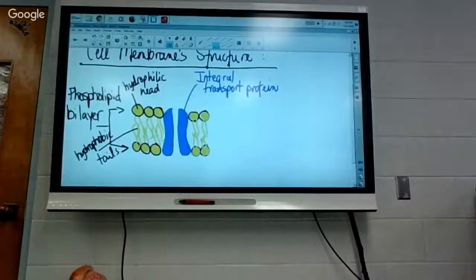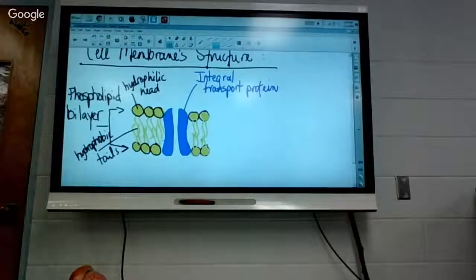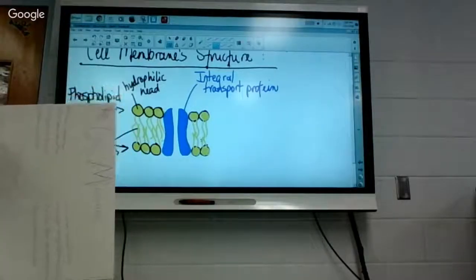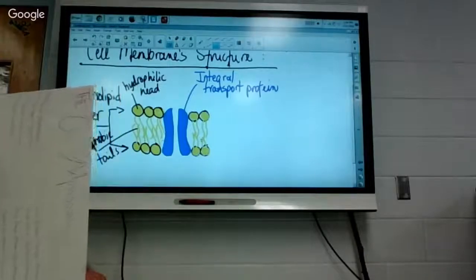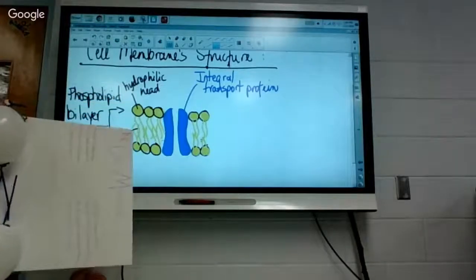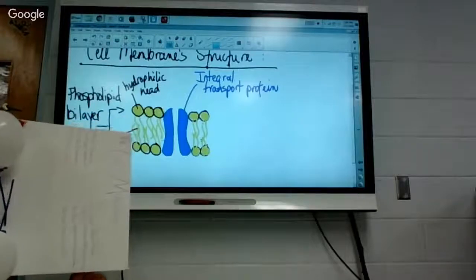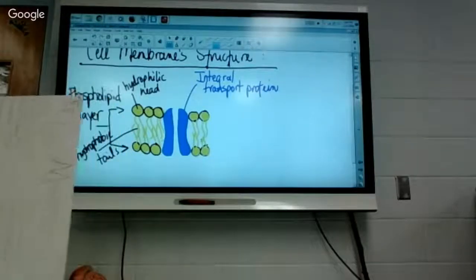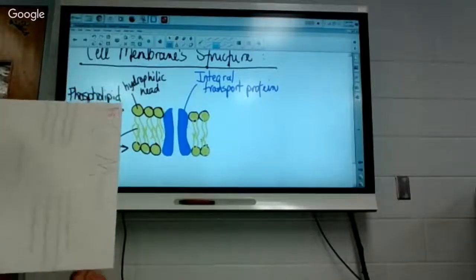He put this little hot dog looking protein up here. He put, notice this yellow one? And what's the difference in this protein and this protein compared to this protein, other than the color? How do those compare to this one?